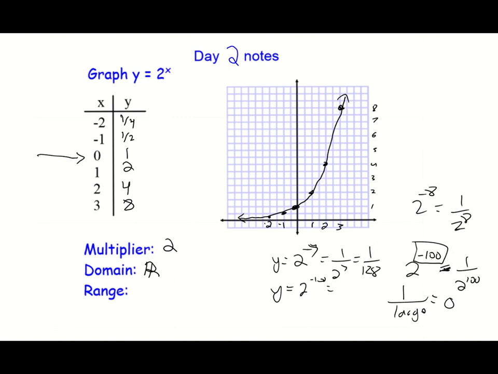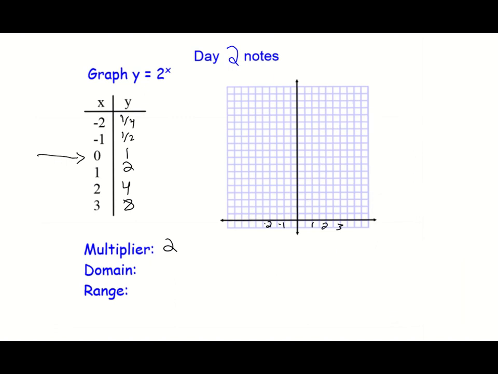It's going to be some fraction. So in essence, your range is not going to ever be negative. Obviously if we plugged in 2 to the 16th, that's a very large number, obviously not negative. So your range is the set of all real numbers, but only positive ones.